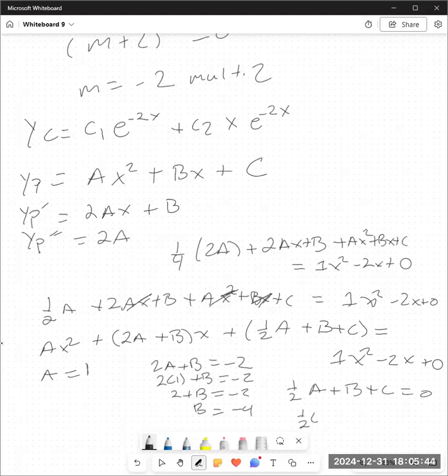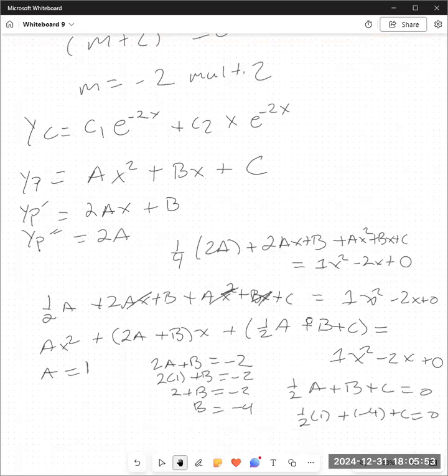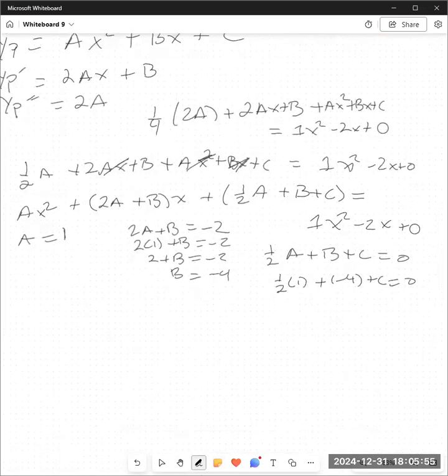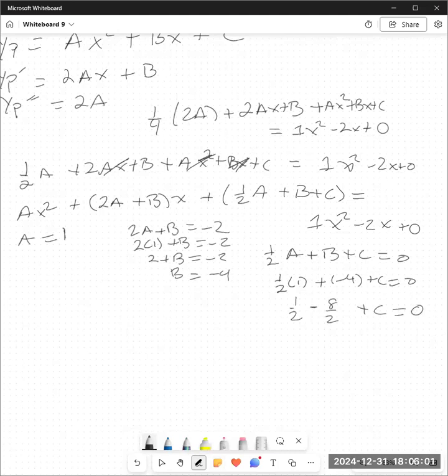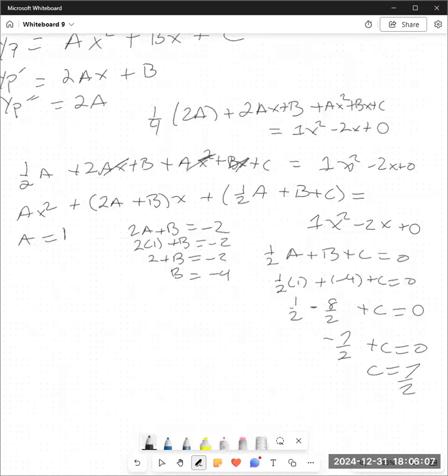So 1/2 of 1 plus -4 plus c equals 0. It's going to be 1/2 minus 8/2 plus c equals 0. -7/2 plus c equals 0, and c equals 7/2.